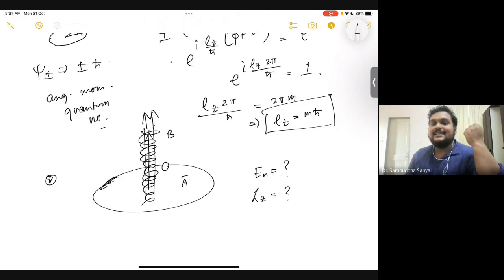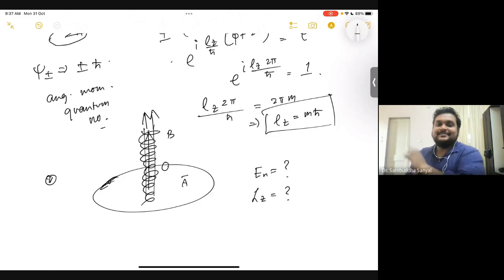We thought the real thing is field and force, and potential is a fictitious quantity that helps us calculate field and force. But this example will show you that the real deal is potential, because the particle is at a place where it is not experiencing any magnetic field, only the potential, and that is enough to change its energy eigenvalue and everything that is measurable.